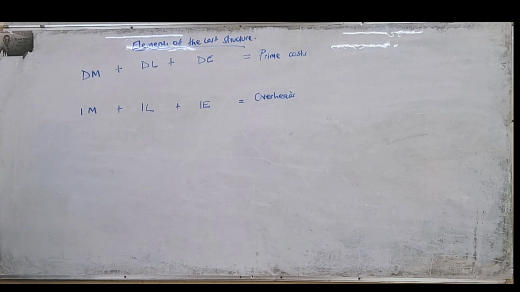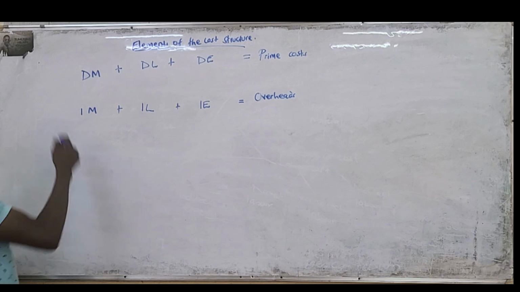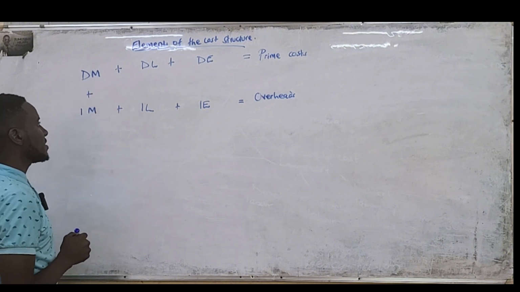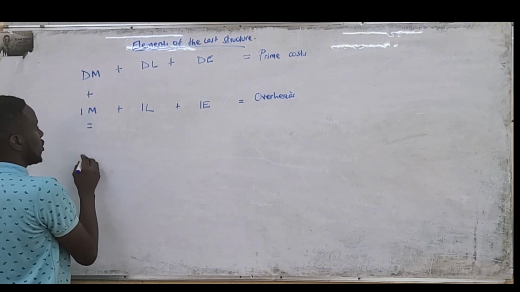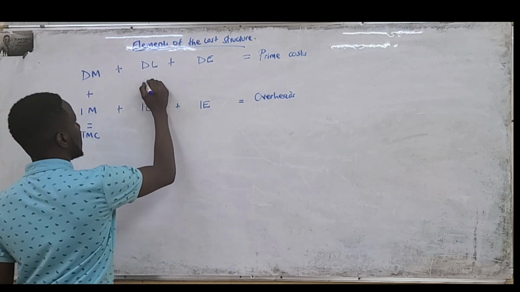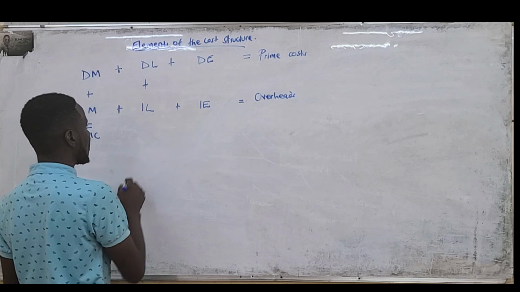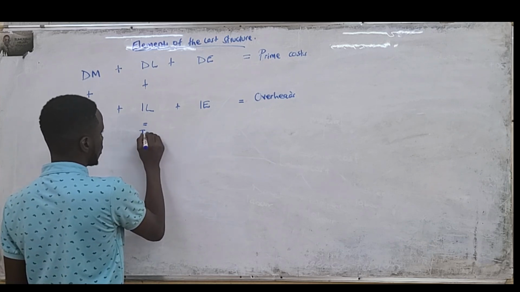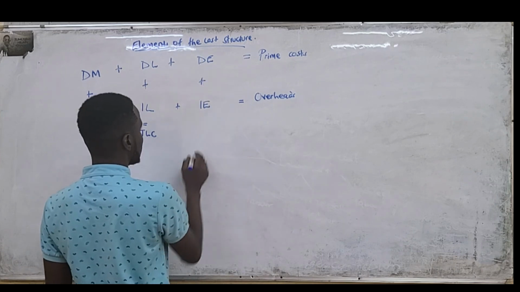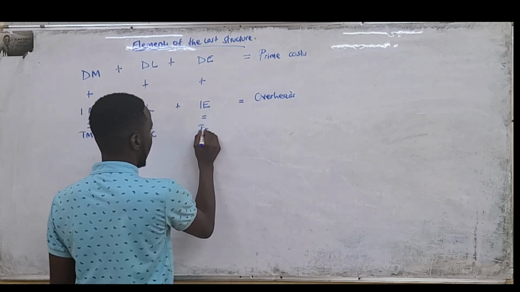Okay, that's it. Now, we can also choose to go this way. Direct materials plus indirect materials will give us the total material cost. Then direct labor plus the indirect labor will give us the total labor cost. Then direct expenses plus the indirect expenses will give us total expenses.